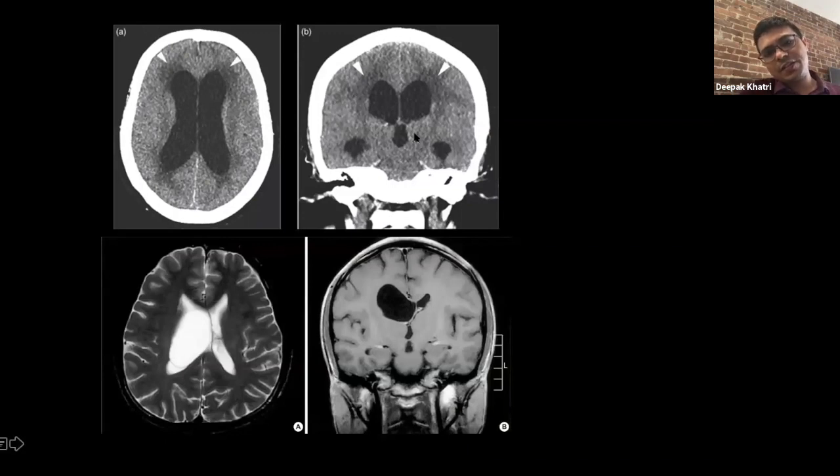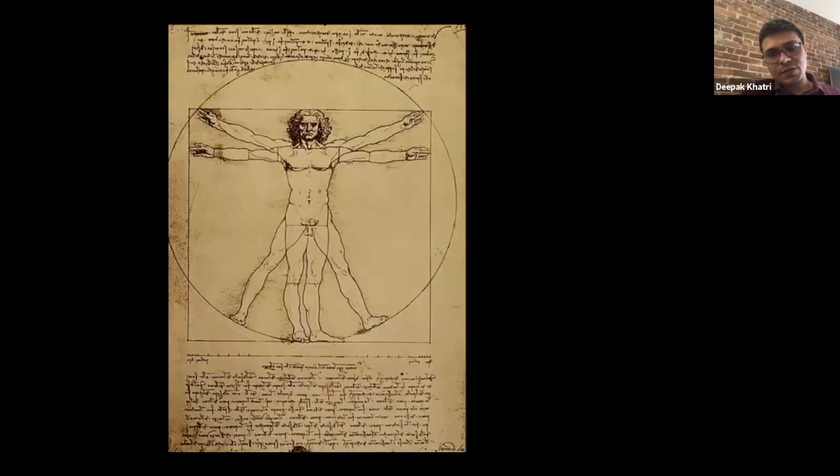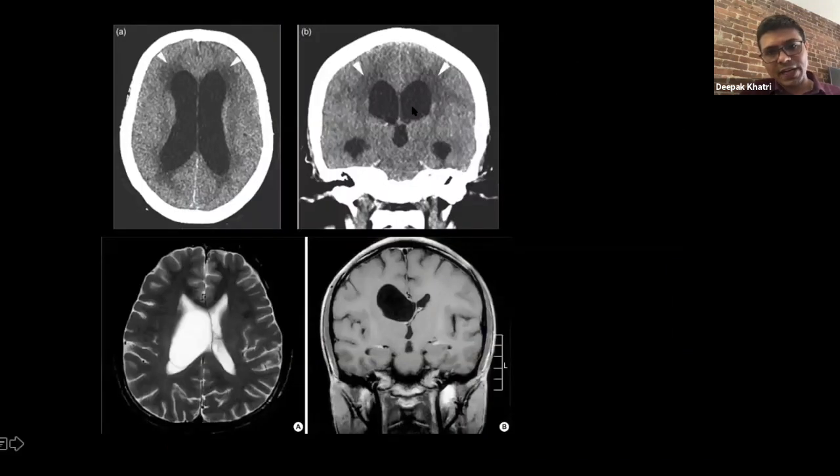Let's just suppose there is a pathology which blocks the cerebral aqueduct, as can be seen here. It will still not be able to block the foramen of Monro. So anything which is proximal to this will be dilated equally on each side, right and left. So both the lateral ventricles and the third ventricle will be dilated. So this is symmetrical hydrocephalus.